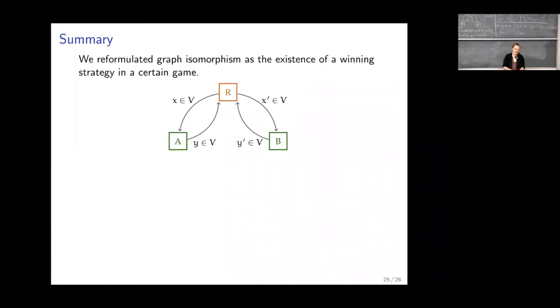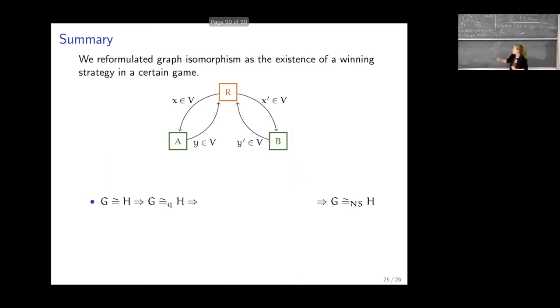So let me summarize. I started by taking this game viewpoint, and I talked about this GH isomorphism game. And then I asked, what happens if I allow Alice and Bob to use these quantum strategies with entangled states and quantum measurements? That allowed me to define this quantum isomorphism, and whose further relaxation we also considered, this non-signaling isomorphism.